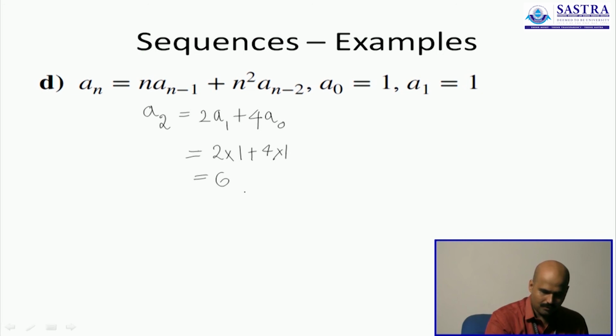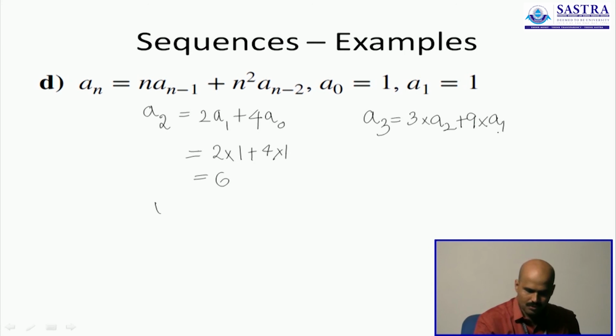A3 is going to be 3 times A2 plus 9 times A1. A2 is 6, so that's 3 times 6 plus 9 times 1, which is 18 plus 9, that gives us 27.